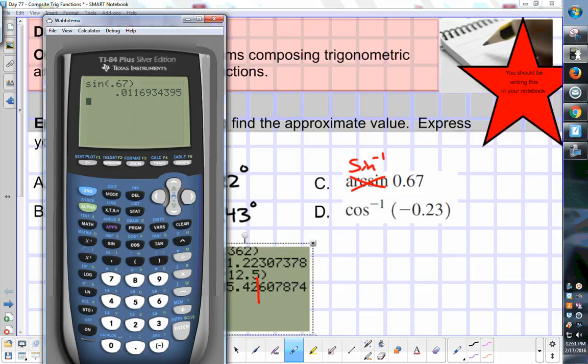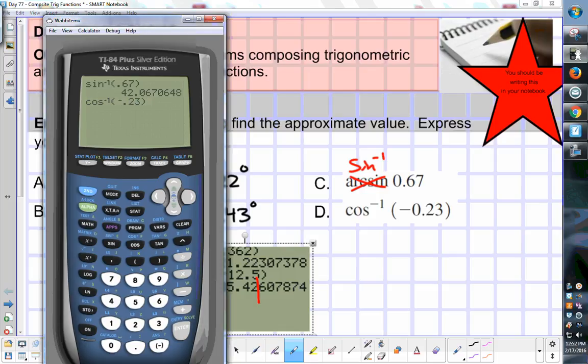Second sine of 0.67. I get this. And then second cosine of negative 0.23.